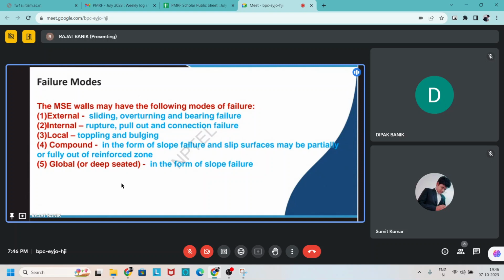In compound failure, it fails in the form of slope failure or slip surface, maybe partially or fully out of the reinforced zone. In global failure or deep-seated failure, it fails in the form of slope failure.